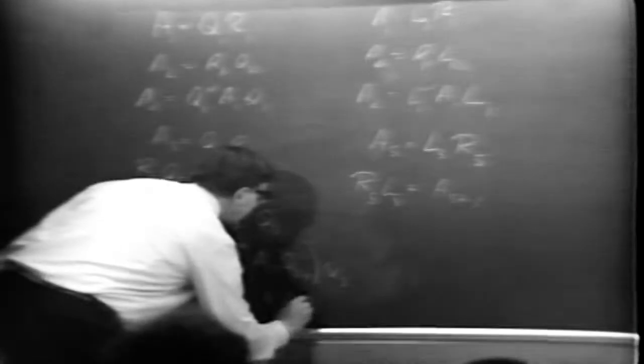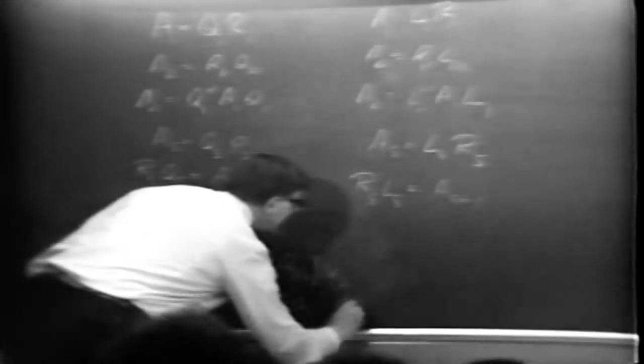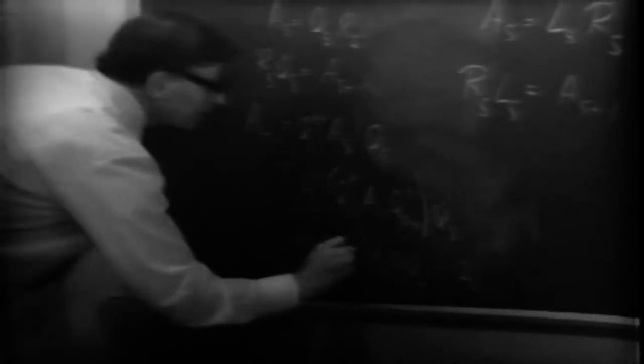And continuing in this way, we see that the S plus 1th matrix in this sequence is equal to a transform of A1, and we get the product of the Q's, Q1, Q2, up to QS on the right-hand side, and on the left-hand side, we get Q1, Q2, up to QS, times H. So all the matrices in the sequence are unitarily similar to the first one, and they're similar via the product of the Q's.